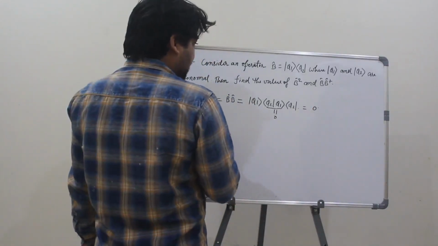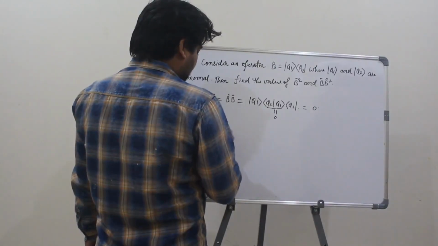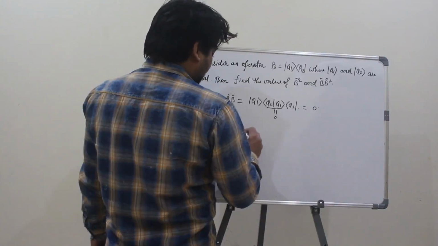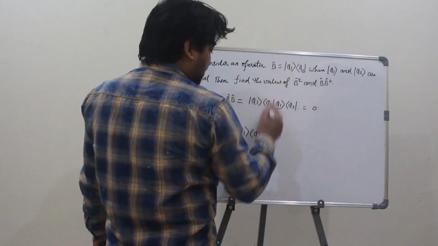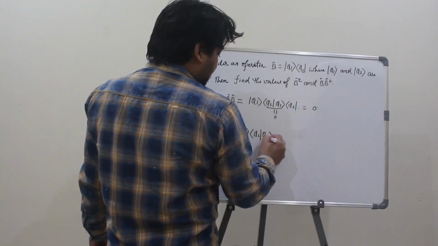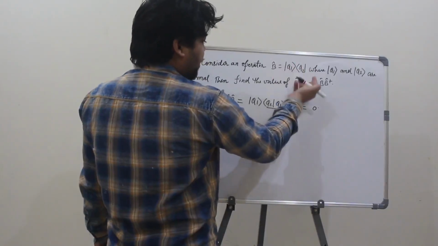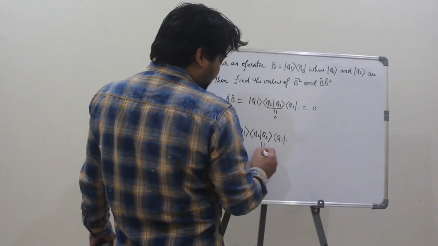Right? Now let us take B B dagger. B is phi1, phi2. Now what is the dagger of B? This will give you phi2 and then phi1. Phi2 goes here, phi1 goes here. So this inner product is giving you 1.